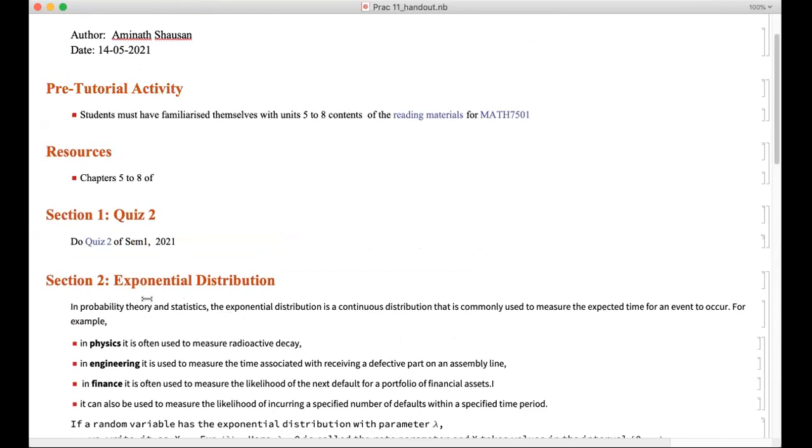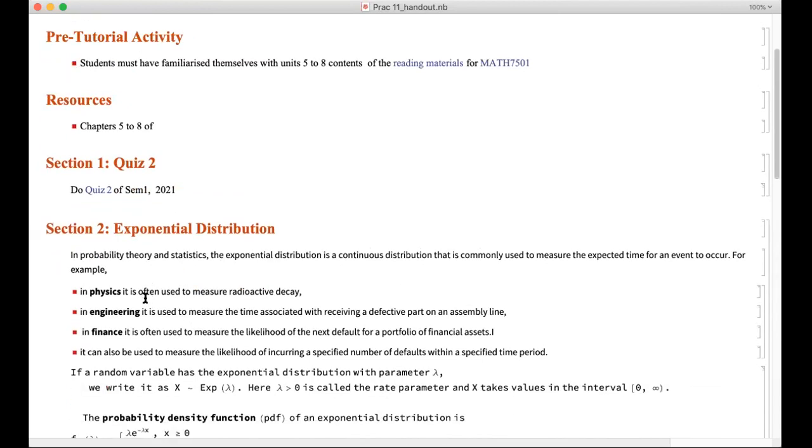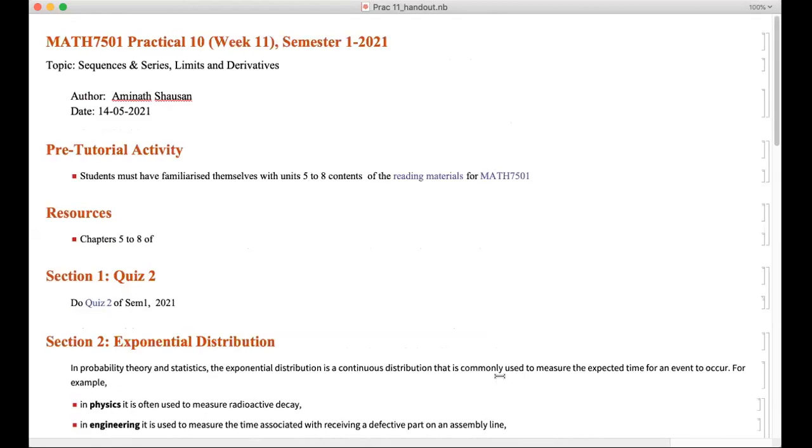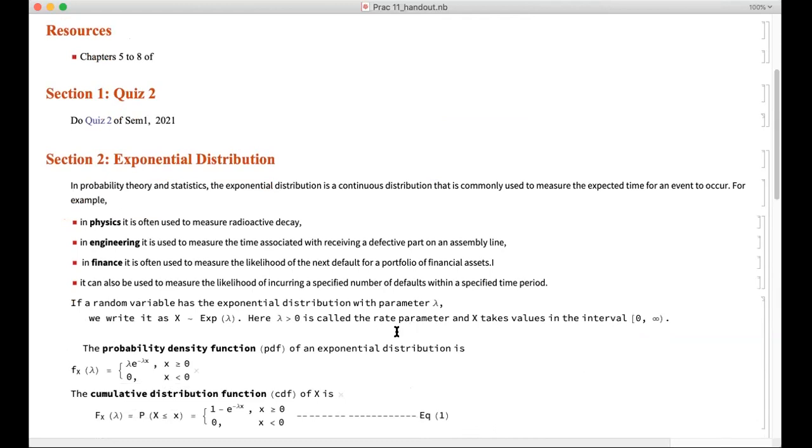In the second question, second section, it's about the exponential distribution. Are you familiar with this distribution? Do you know anything about this distribution? Yes or no? It's okay if you don't know.